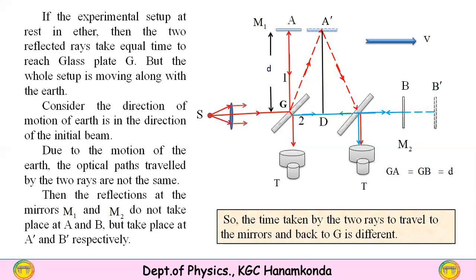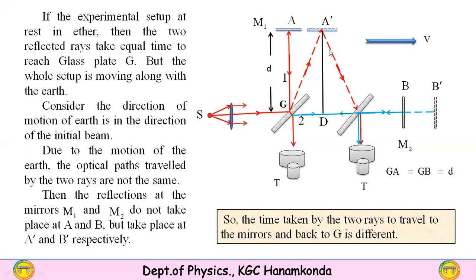If the setup is at rest, the reflected ray is incident on plane mirror M1 at A. But this setup is moving along the horizontal direction with velocity v. Therefore, this reflected ray goes along GA dash, is incident at A dash on mirror M1 and is reflected back along this direction.